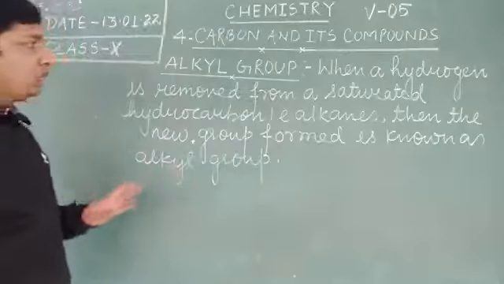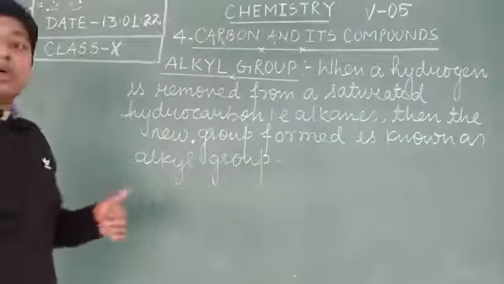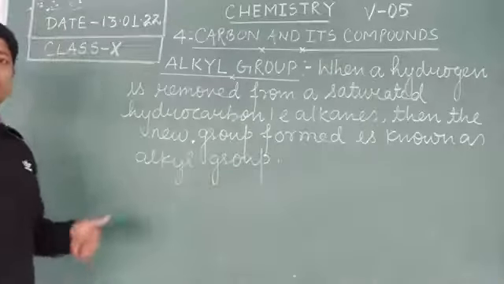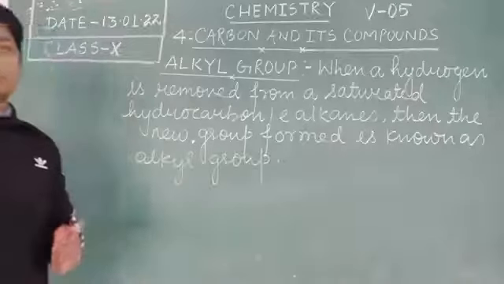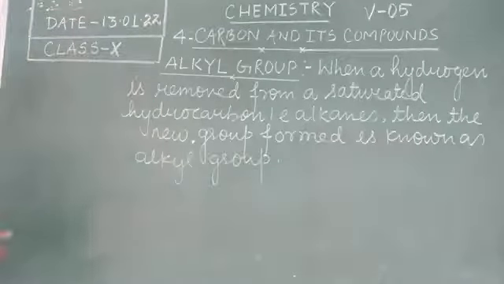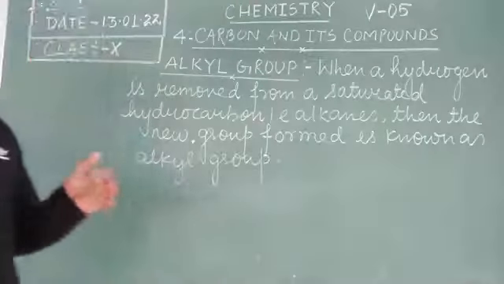Now we are going to see the examples of alkyl groups, what alkyl groups are and how they are formed. First of all, write the definition from the blackboard. Please note down the definition of alkyl group from the blackboard.